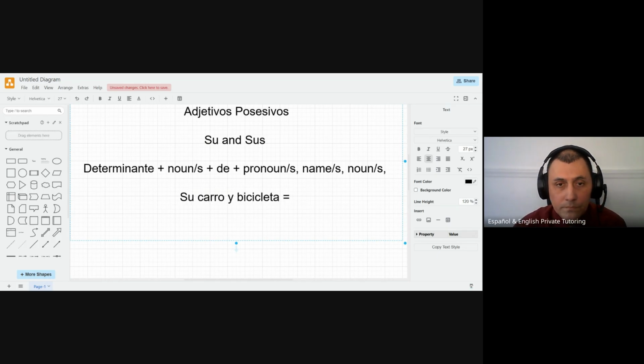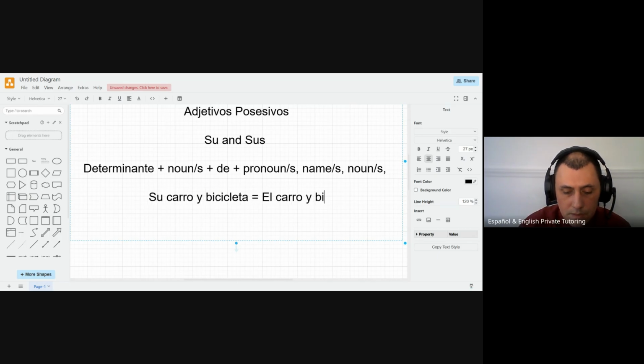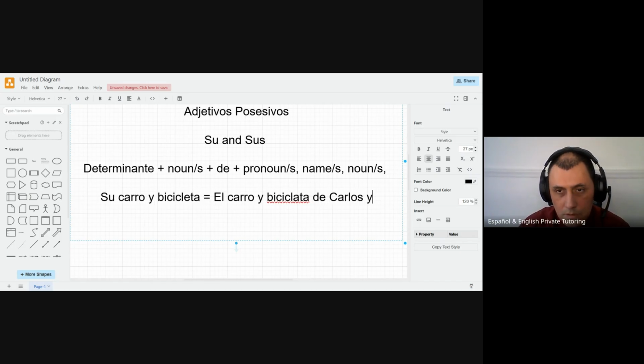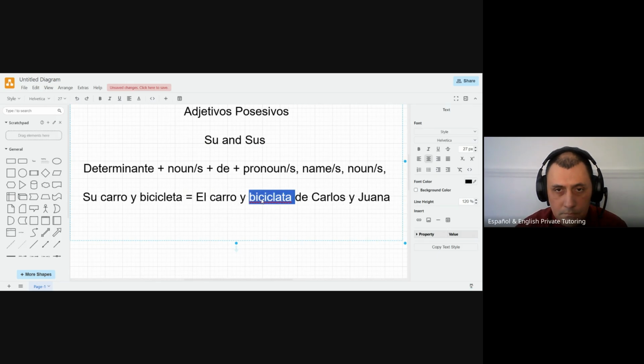For the carro y bicicleta, in this case it will be el carro y bicicleta de Carlos y Juana.